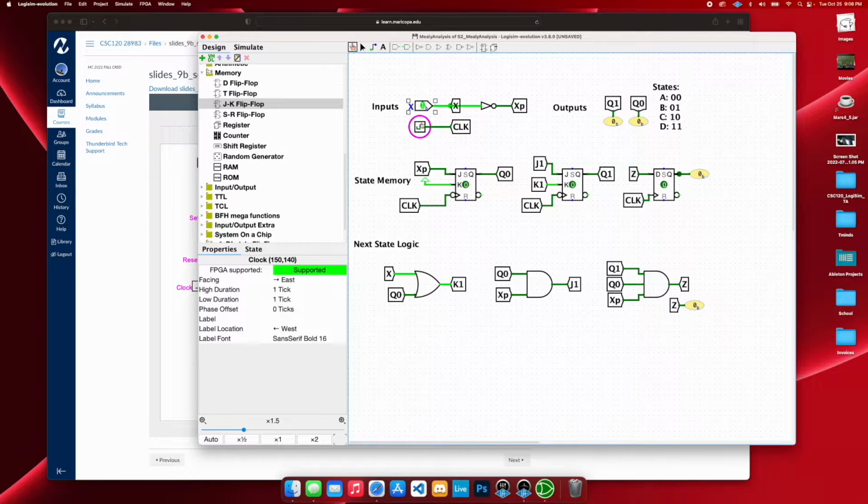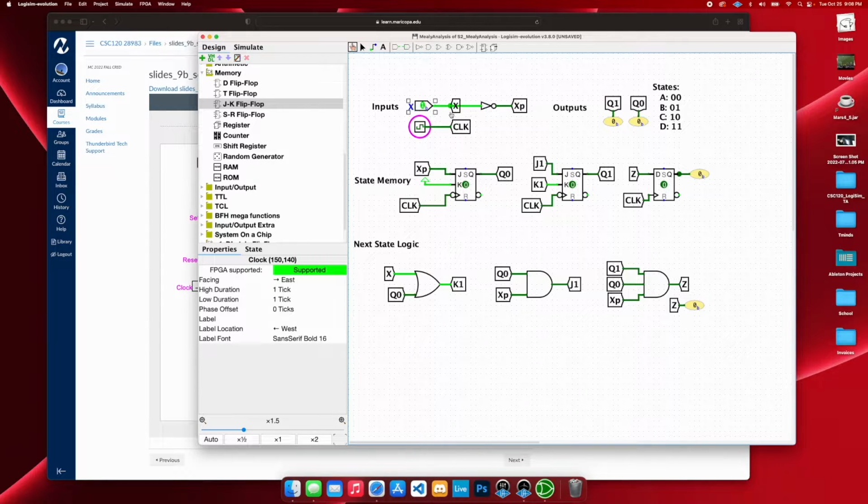This is what makes this more of a Mealy machine rather than a Moore machine. A Mealy machine is one where the output is affected by the present state, or the value being stored in the machine, like Q0 and Q1, as well as an input.